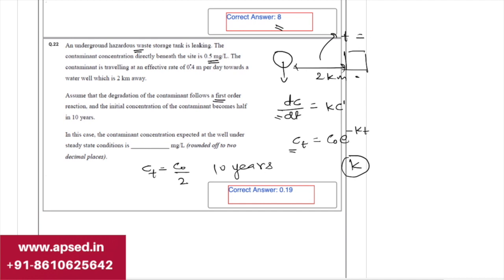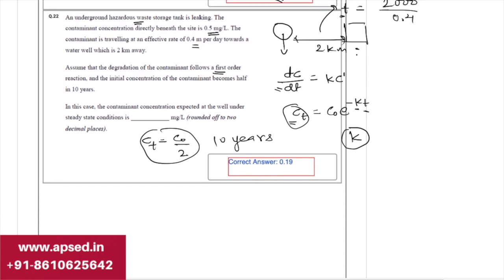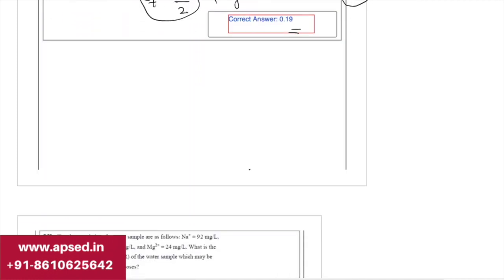So that will be simply length of flow 2000 meter or 2 kilometer divided by velocity of flow, that is 0.4 meter per day. So from there we obtain the time, and then we have time, we have the value of K using this condition, and then we can find out the concentration in this well when the contaminant reaches the well. So this is the answer.